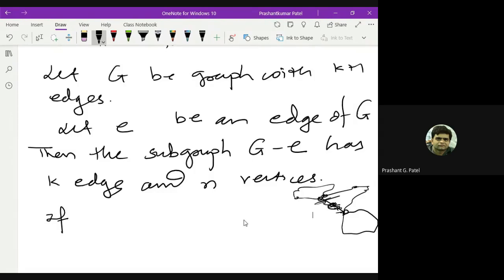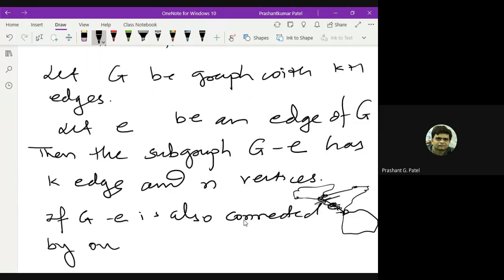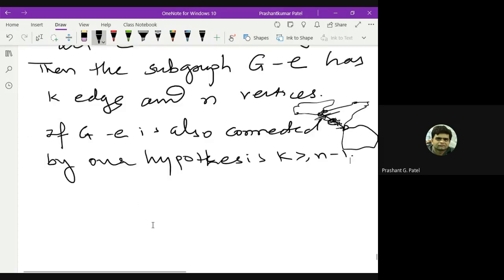So if G minus E is also connected, by our hypothesis, k is greater than or equal to n minus 1. That means k plus 1 is greater than or equal to n minus 1 plus 1, which is equal to n, if I add 1 on both sides.